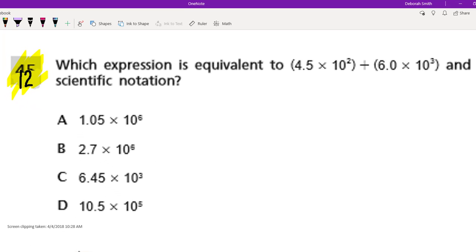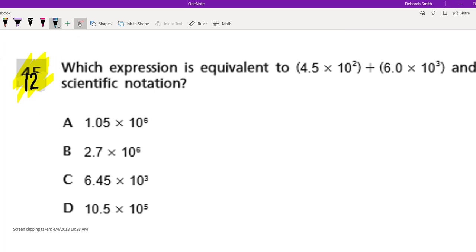Okay, see this? They put the parentheses in there for you. Go for it. So parentheses, 4 and 5/10 times 10 to the second, close it, plus new set of parentheses, 6 times 10 to the third. So I got 6,450.